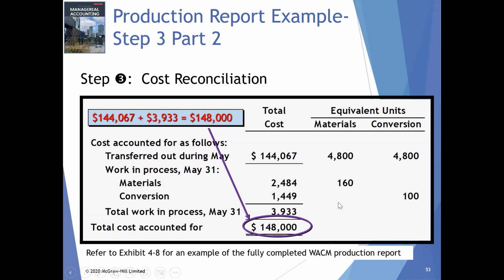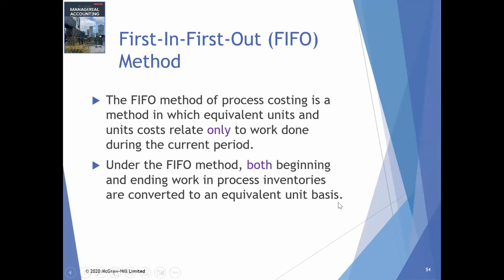Now, next is the FIFO method, first in, first out, the second method that we are going to explain. The FIFO method of process costing is a method in which equivalent units and the unit cost relate only to work done during the current period.